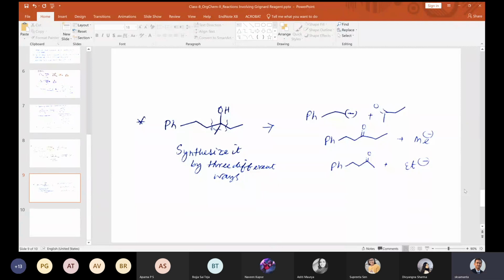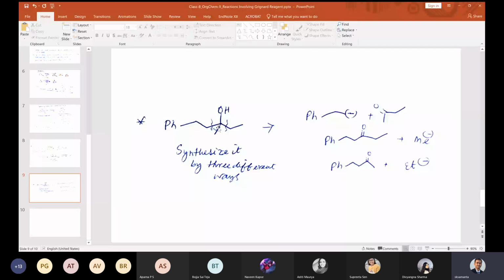So I hope now you understood a little bit about the retrosynthetic approach. Let's say we want to consider this molecule. As you can see, there could be three different possibilities. One is you can break this bond so that you get PhCH2 minus and this kind of ketone, methyl ethyl ketone.